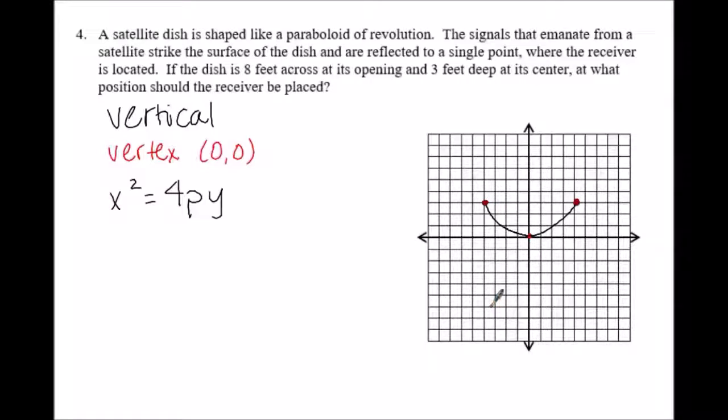I'm going to go ahead and use (4, 3), so I'm going to plug that in for x and y. And then we just need to solve for p. So we have 16 = 12p. So p is 4/3.